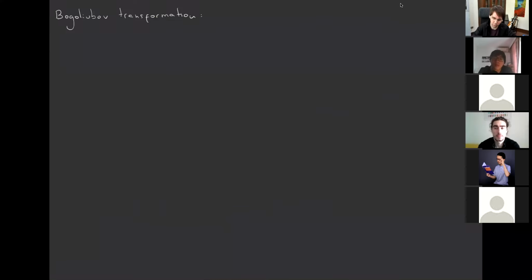So the Bogoliubov transformation for this single mode can be written in the language that we have been using in this course. It can be written in the following way. So when I say transformation, I mean that we take the original operator A and we apply some unitary operation to it that will depend on a parameter R. And this defines a new operator C, okay?